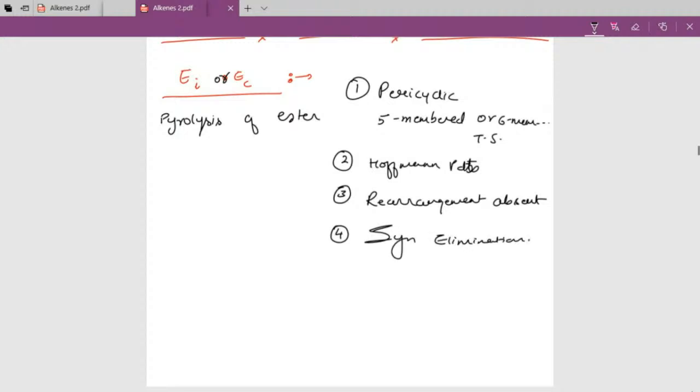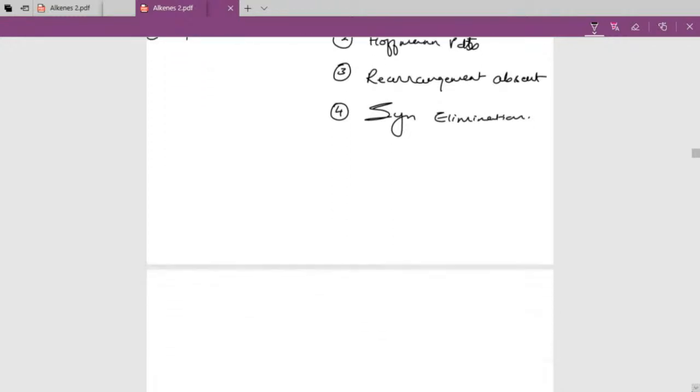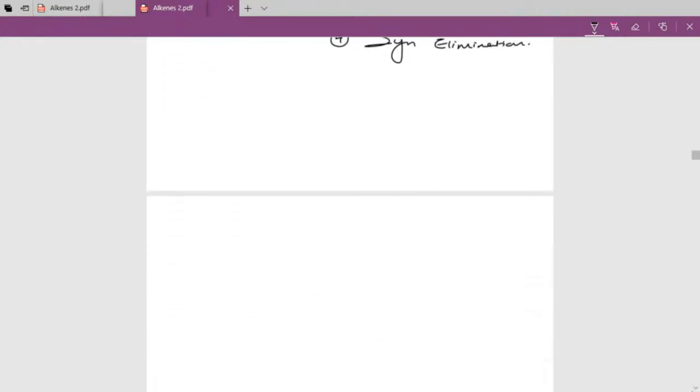These are the 4 points that are compulsorily there. As per the syllabus, first only this, but sometimes Cope's elimination is also needed. Cope's elimination is pyrolysis of tertiary amine oxides.